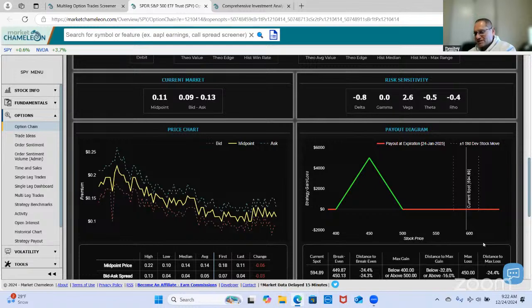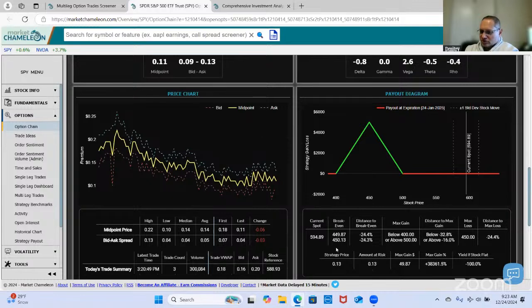It's a very low priced strategy, but what would it be worth there? Well, if the stock closed at exactly 450, you could see that your profit there would be 4,900, whatever it is. Let me see if I have the max gain in percentage terms.